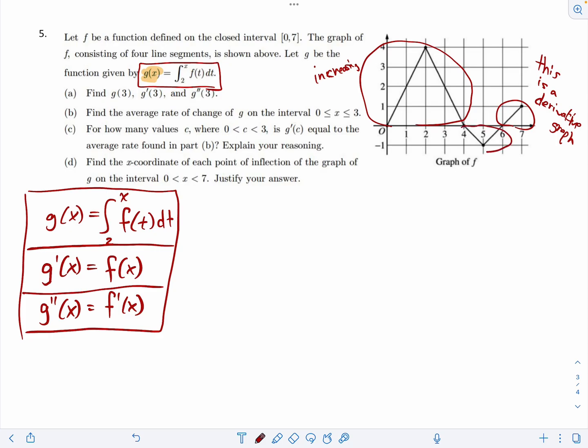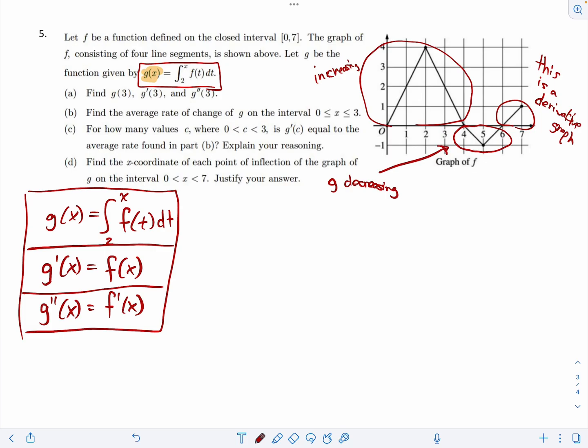This part down here from 4 to 6, that's where G is decreasing because its derivative, also known as f, is less than 0.